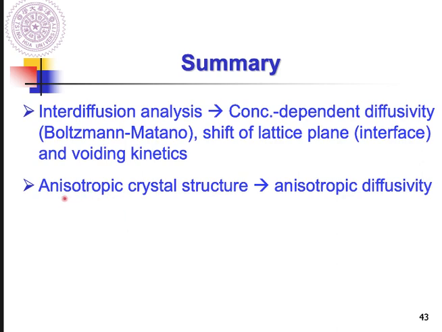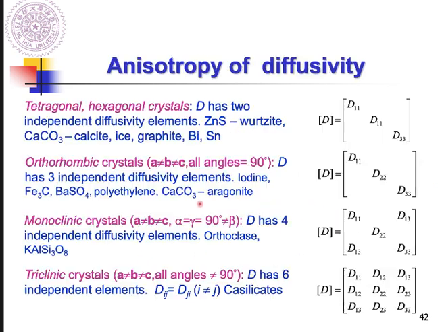And regarding the anisotropic crystal structure, you need to remember that you need to know how to formulate or write down the diffusivity tensor. Okay, 3 times 3, and based on different structures, you need to write down a diffusivity tensor.